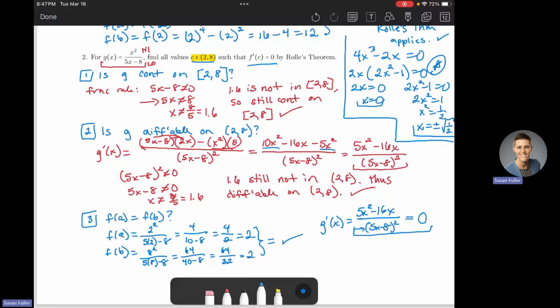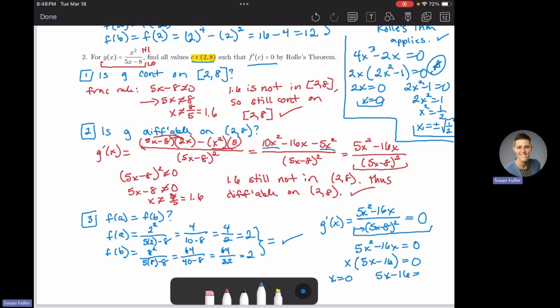And so when you multiply the left side by it, it basically cancels out and you get 5x squared minus 16x. When you multiply 0 by that denominator, it's still 0. So we're here to solve this out. I'm going to take out that x because that's the only thing that comes out of everything. And then we're going to have 5x minus 16 in here. And we can solve these out.